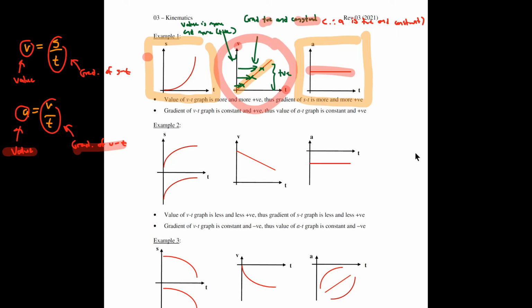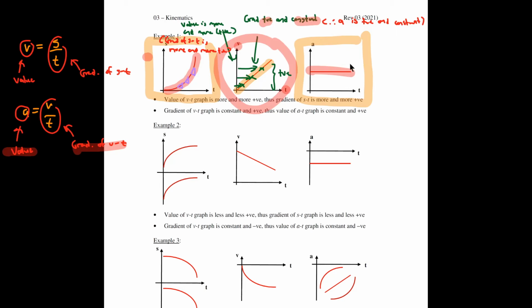So likewise, you can say that the gradient of ST is more and more positive, which gives you this graph instead. If you look at this graph, you can clearly see that the gradient is becoming more and more positive. Okay, so this is one way of changing the graph.